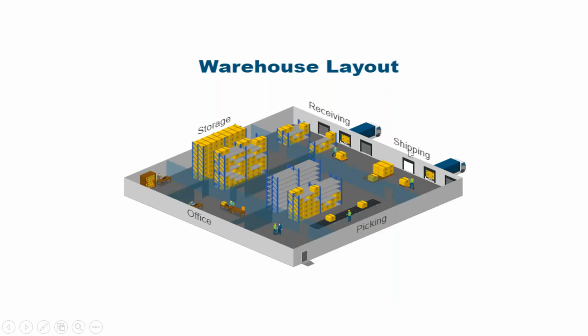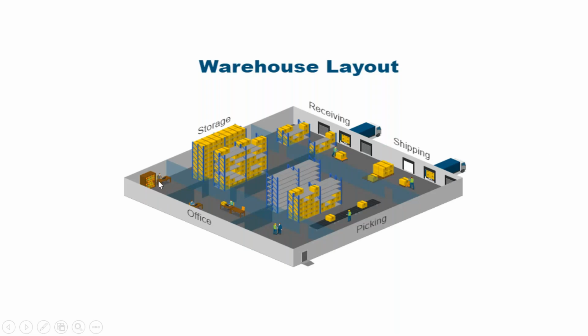So again, this is a typical warehouse layout. This is my goods receiving zone, and this is my goods issue zone, goods shipping, or we say shipping. And this is a typical staging area where all the products are staged. Here it is for goods issuing, here it is for goods receiving, and these are my office sections.